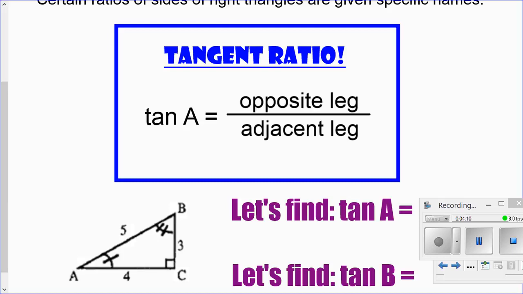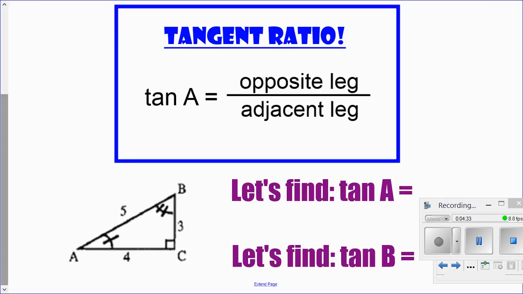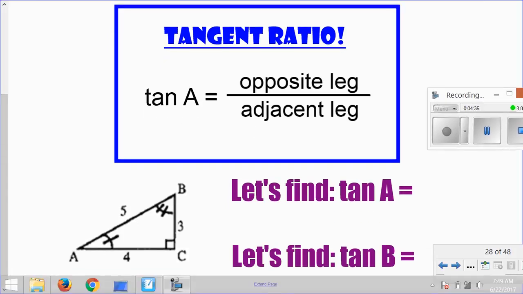If you remember back to our picture, we had angle A. So tan A is saying the tangent of angle A is equal to, and this is the definition for tangent, the opposite leg divided by the adjacent leg. So let's see how we would use that ratio in this example.